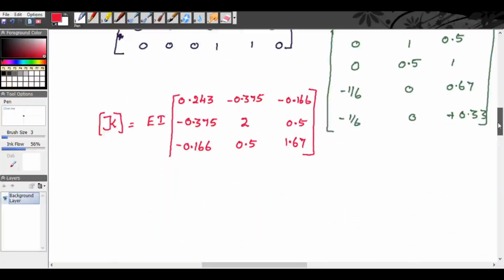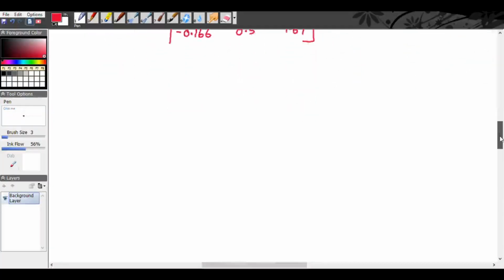Now we will move on to step 8. So step 8, we have to determine, using the system stiffness matrix, capital K, the system displacement matrix.